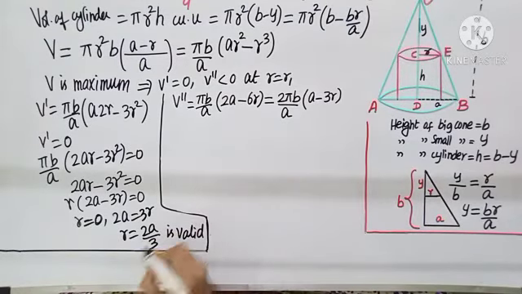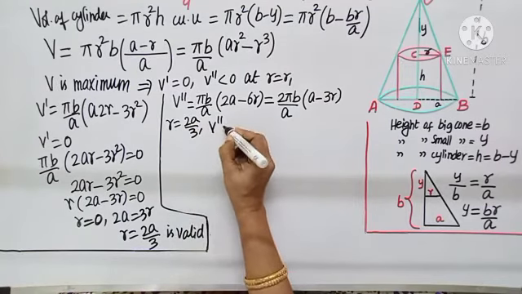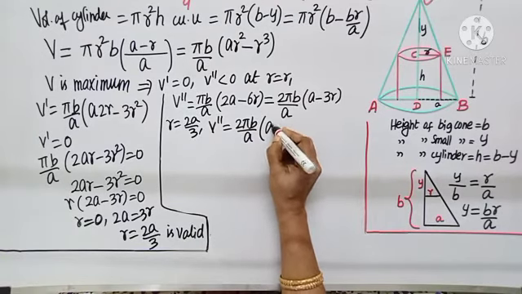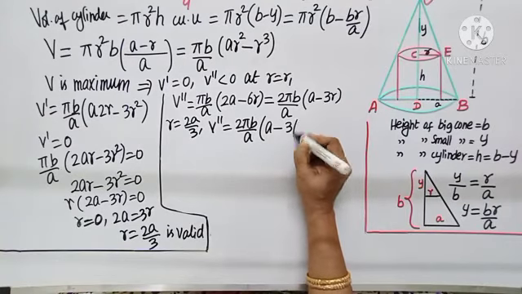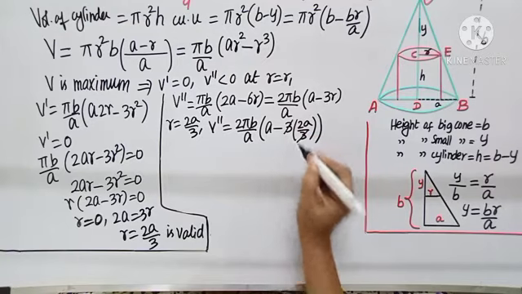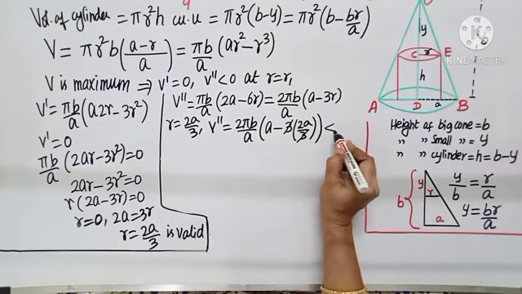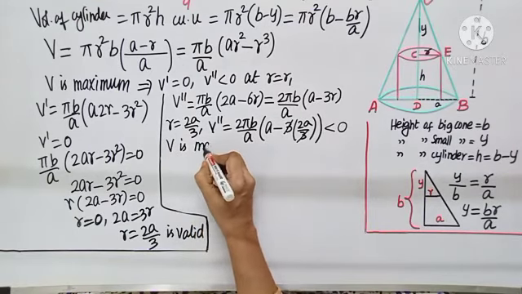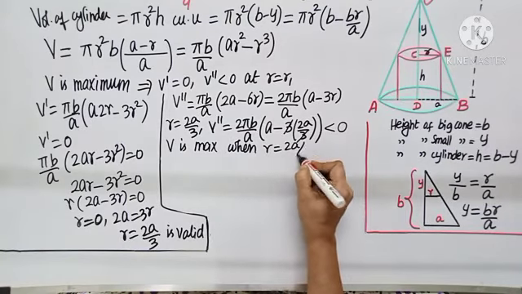When r is equal to 2a by 3, V double dash equals 2 pi b by A minus 3r will be 3 into 2a by 3. Obviously, I can cancel 3 and 3. A minus 2a is negative. So, we will take and write V is maximum when r equals 2a by 3.